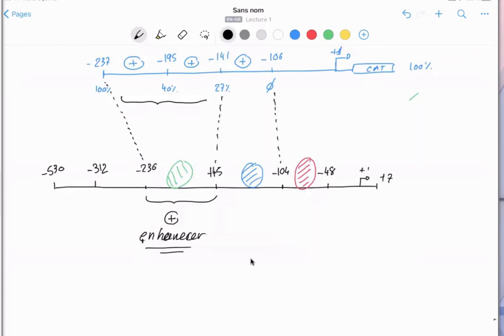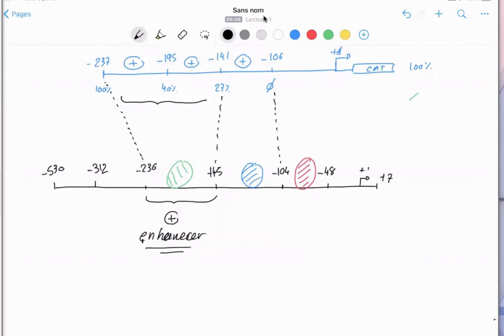And this is the footprint, DNA footprint experiment. So do you have any question concerning EMSA, or shall we go on? I'm good. I understood. It's okay for everybody?